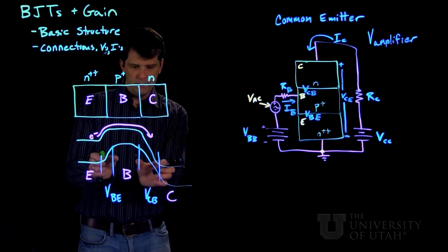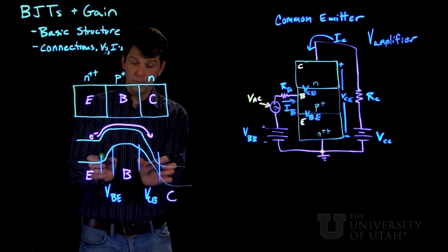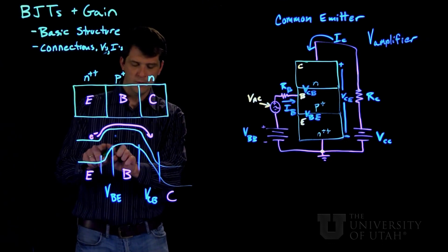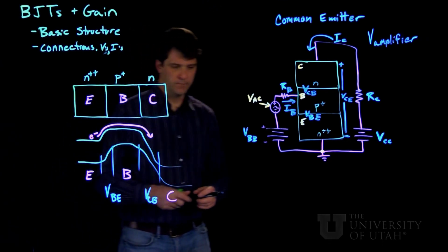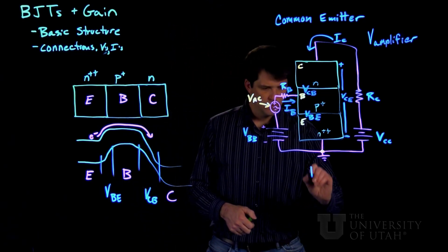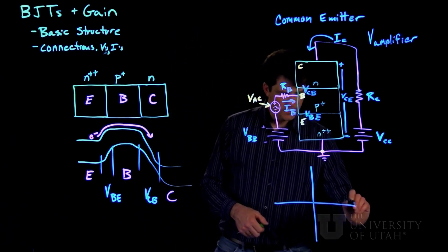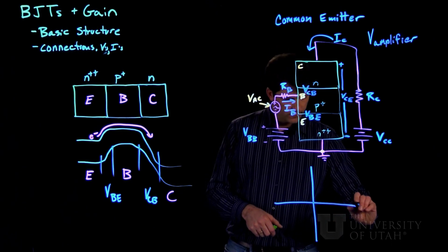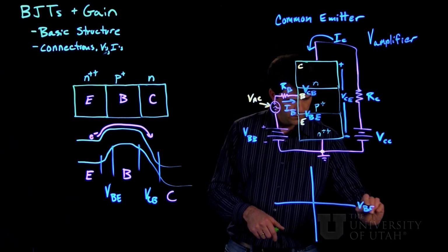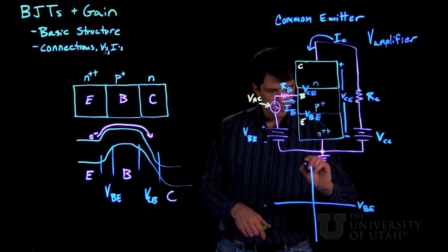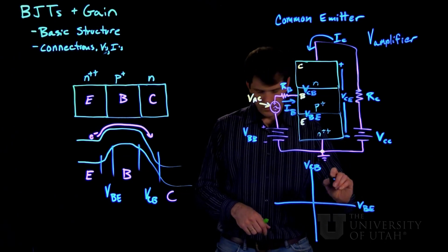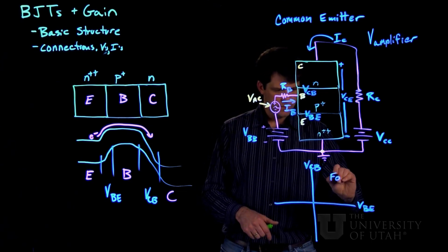So we have the voltages that are applied to the depletion width between the emitter and base and between the base and collector. We can keep track of the relative signs of these, and on this diagram we can determine the different modes of operation.